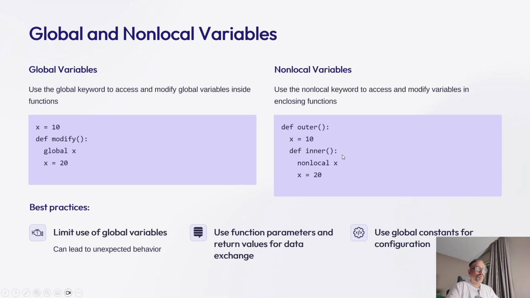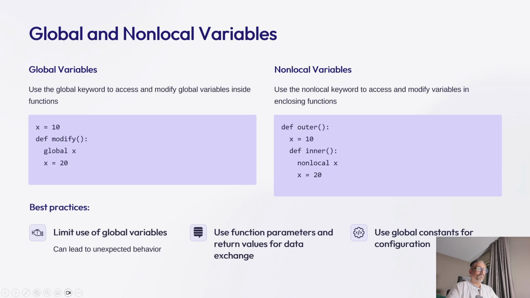Instead, it will go one level outside, get this x is equal to 10 as a variable, and use it inside. So the enclosing function, where the inner function has defined the keyword nonlocal, is going to refer to the enclosing function, and over here the enclosing function is outer, where it is going to take the value of x is equal to 10.